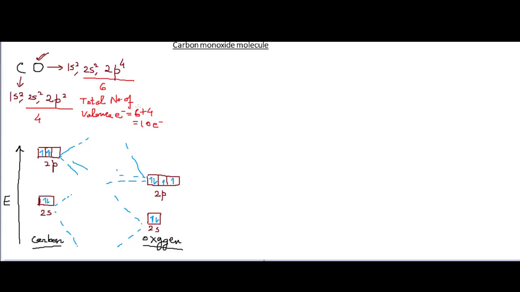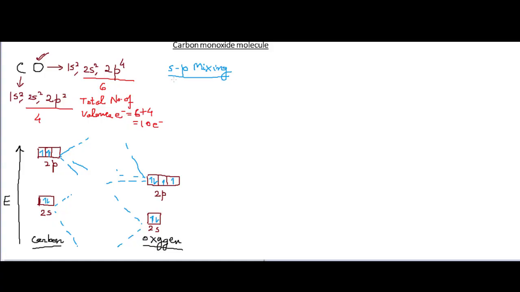You can draw it like that, but actually in the carbon monoxide molecule, sp mixing is also there. While we discuss the molecular orbital picture, the mention of sp mixing is important, which gives rise to the kind of hybridized orbitals. Based on hybridization we will discuss it, and it becomes a little bit complicated.